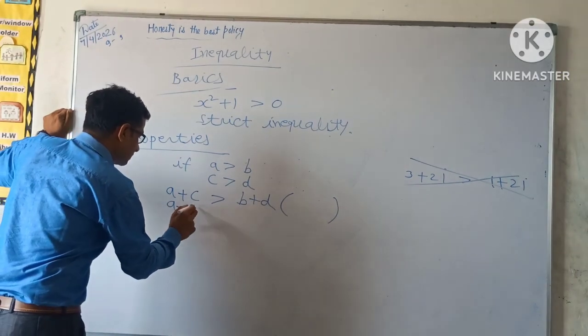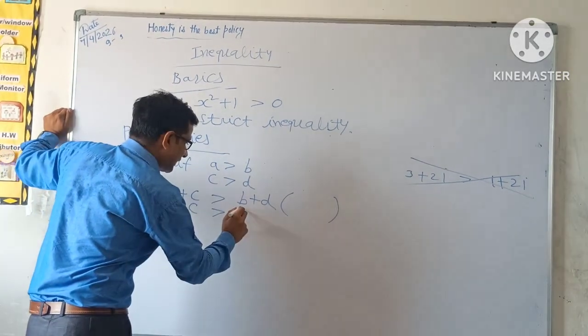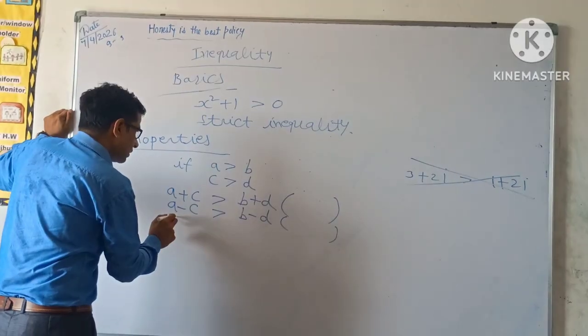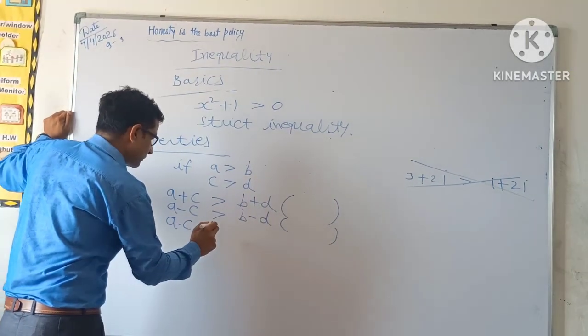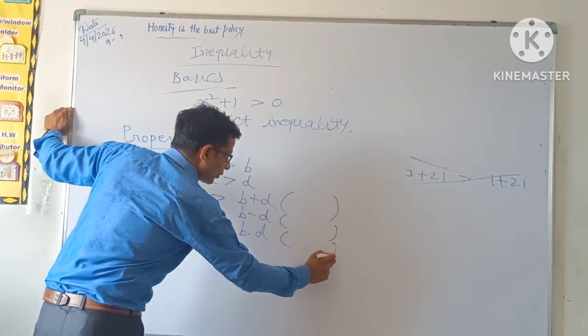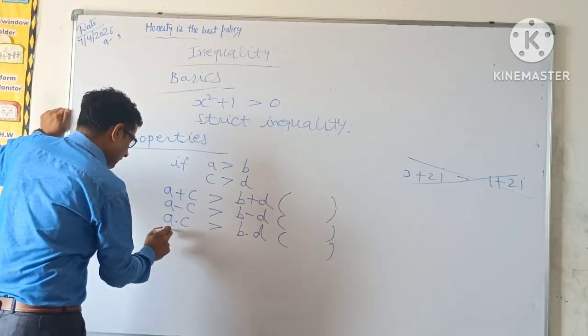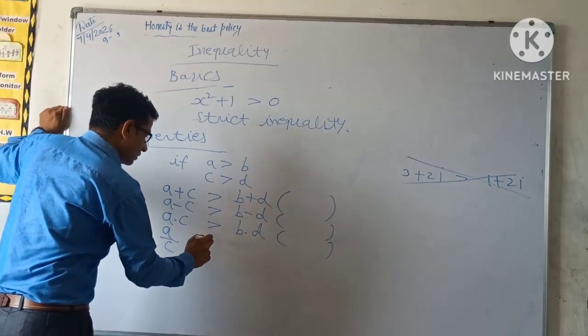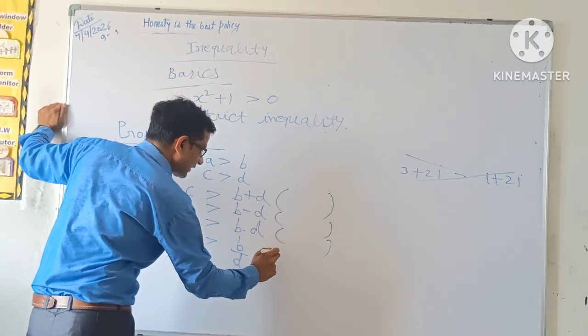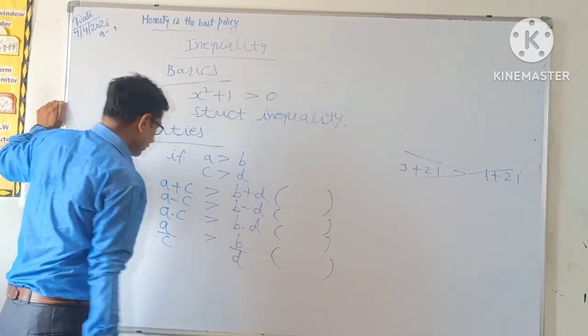A minus C greater than B minus D: right or wrong? A into C greater than B into D: right or wrong? And A divided by C greater than B divided by D: right or wrong? We should think about them.